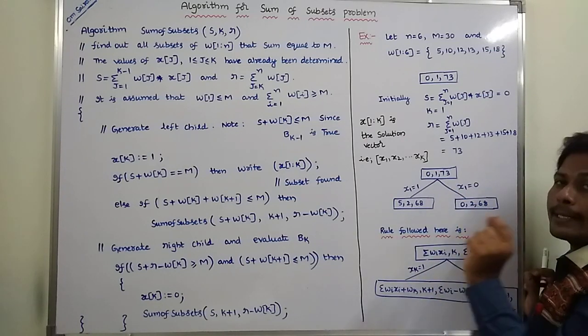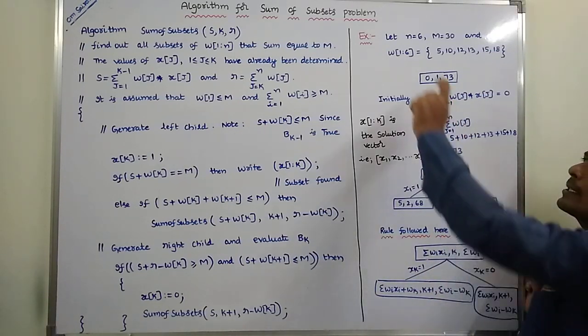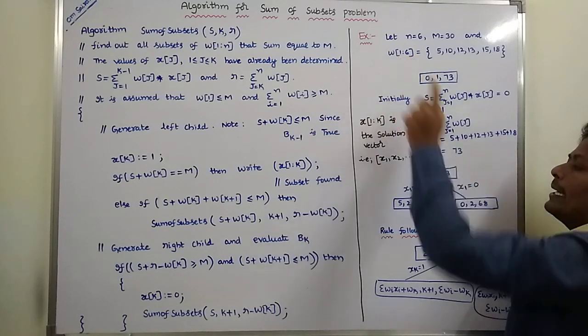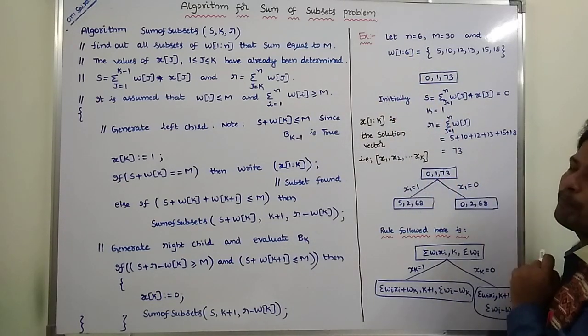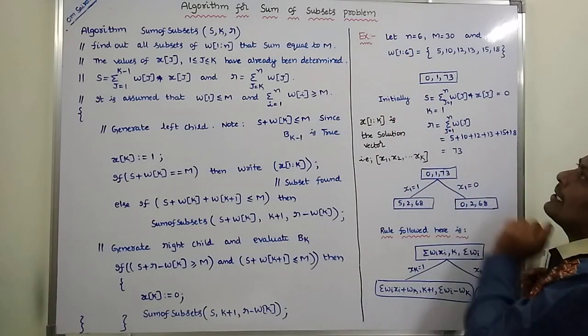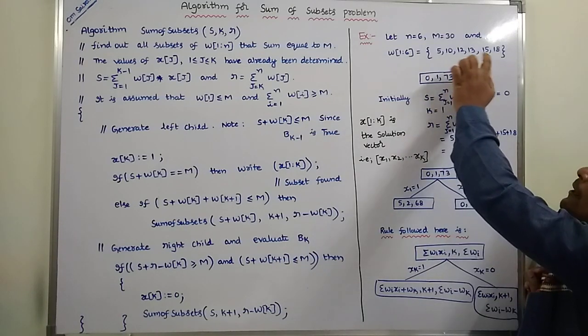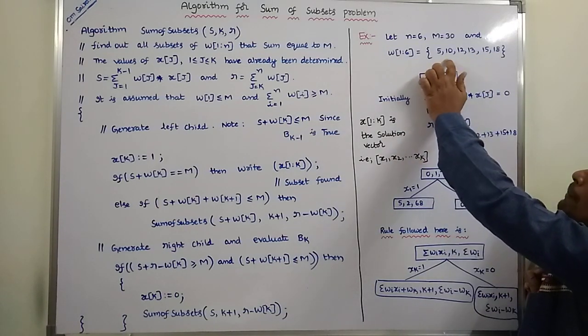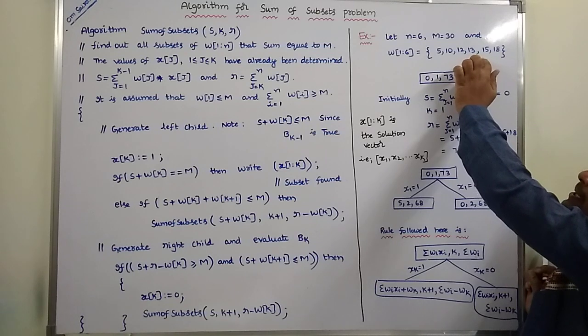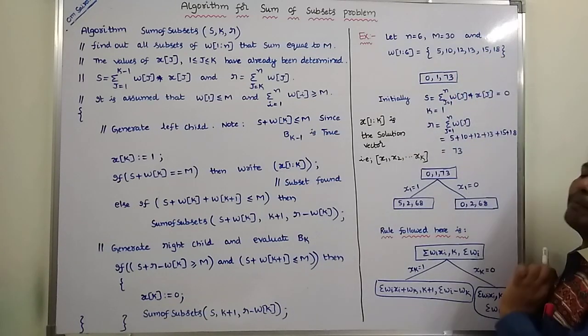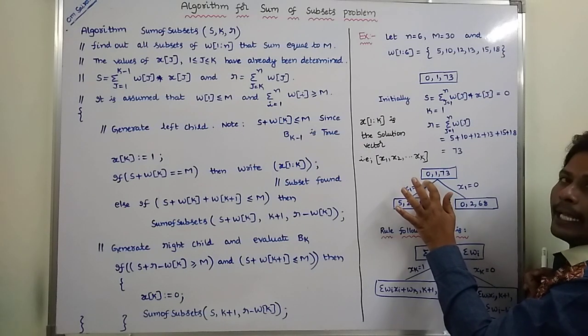We do not consider any weight, so first we start with the index value 1. So 73 is nothing but the sum of the weights in the weight vector: 5 plus 10, 10 plus 12, 12 plus 13, 13 plus 15, 15 plus 18. That is 73. Before considering any weight, sigma wi xi is equal to 0.